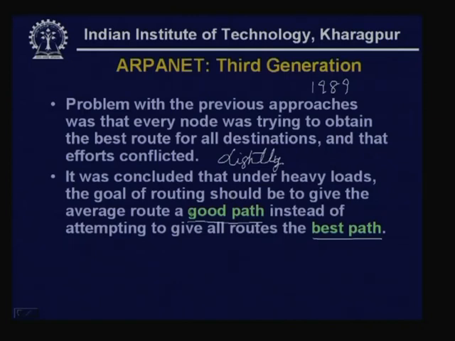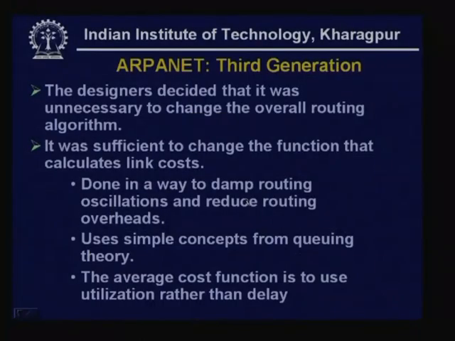However, there was a change in policy. Instead of forwarding towards the best path, it was forwarded towards a good path. As a result, the network or the subnet towards the best path will not get congested. So, the designers decided that it was unnecessary to change the overall routing algorithm.